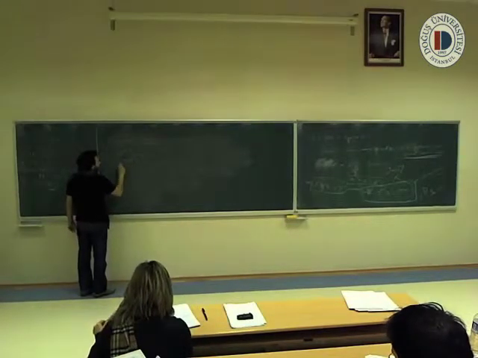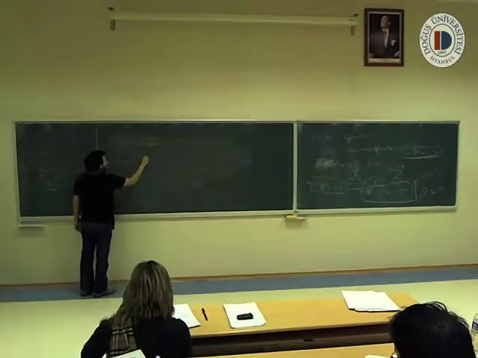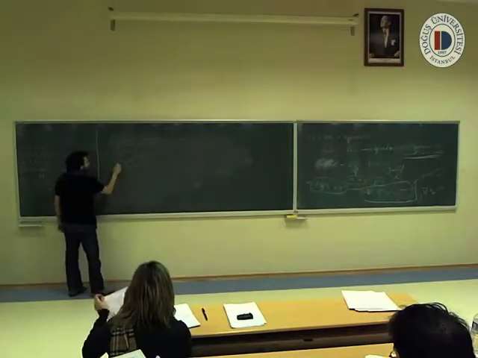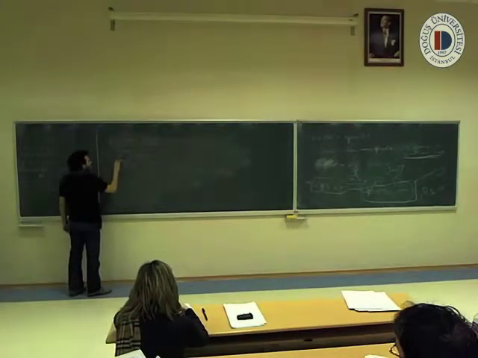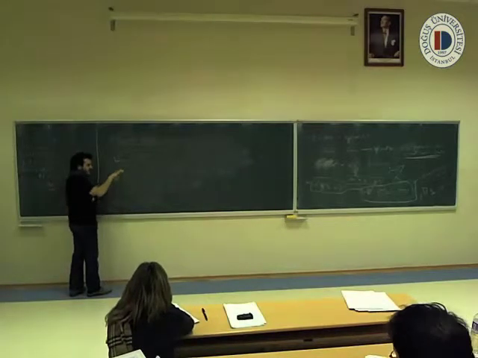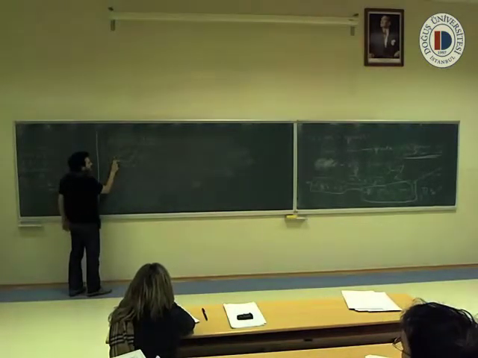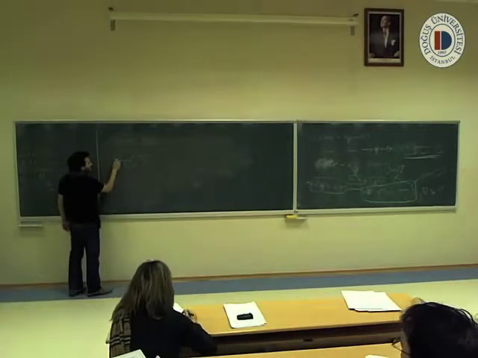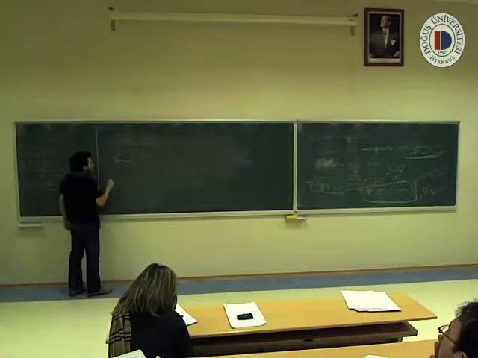Suppose that this is generated by some vector A mu, and this is generated by B mu. If you think about a vector at this point, and then come back to the same point, if this space-time is curved, you can convince yourself, by thinking about the sphere, that the vector should come back with some non-zero angle. And that angle is described by the curvature of the space-time.